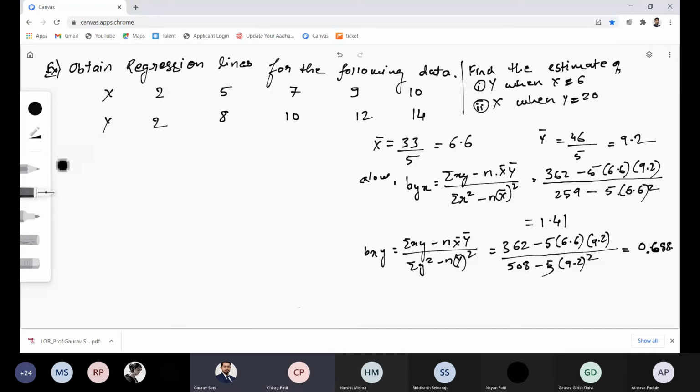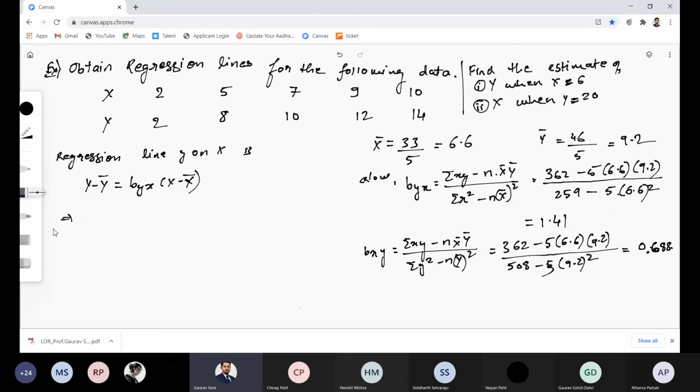So the regression line y on x is y minus y bar is equal to byx times x minus x bar. So the line is y minus 9.2 is equal to 1.41 times x minus 6.6.